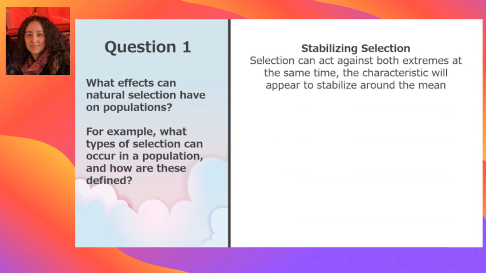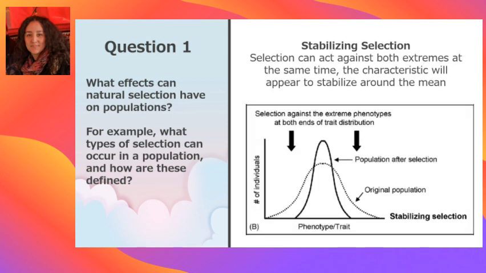The next one we have is stabilizing selection. So selection can act against both extremes at the same time. The characteristic will appear to stabilize around the mean. So here we have this graph, and we've got the extremes on both sides. So say on the left we have white wolves, in the middle is gray wolves, and then on the right here is, say, black wolves.